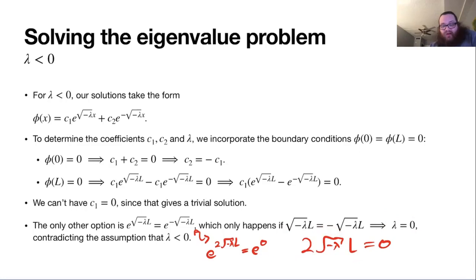But already this gives us a contradiction because for this whole analysis, we were saying lambda is strictly less than 0. And if we run with this assumption that lambda is less than 0, we end up concluding that lambda has to equal 0. So there's some contradiction there. The takeaway is, if we assume this possibility, things get weird, so this can't actually work.